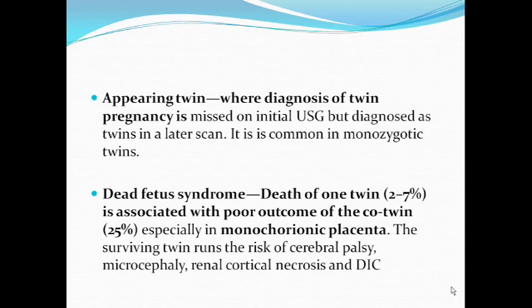Dead fetus syndrome. Here, when the death of one twin is associated with poor outcome of the co-twin, it is again commonly seen in the monochorionic placenta, and the surviving one will be at risk of cerebral palsy, microcephaly, renal cortical necrosis, and DIC.